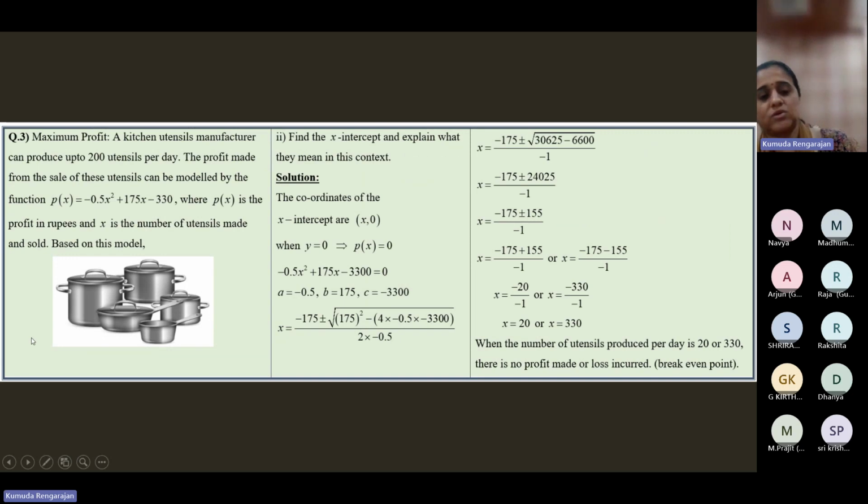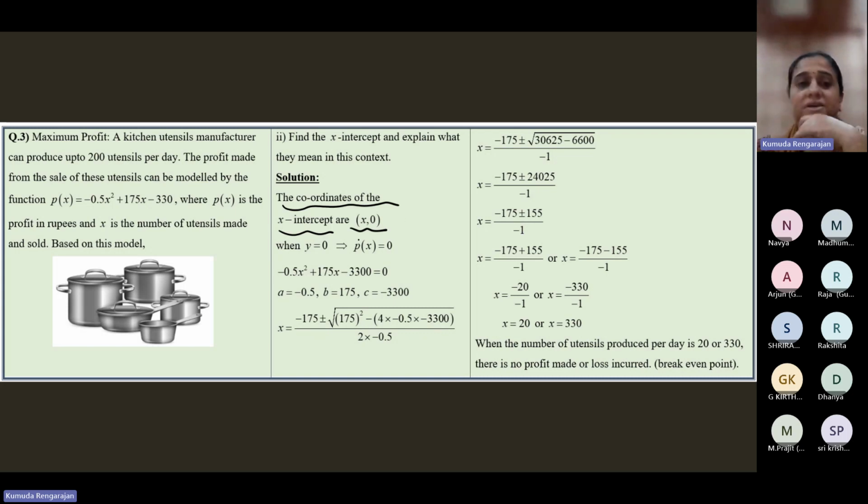Find the x-intercept, meaning where the parabola cuts the x-axis, and explain what they mean in this context. So the coordinates of the x-intercept are (x, 0). You know that.